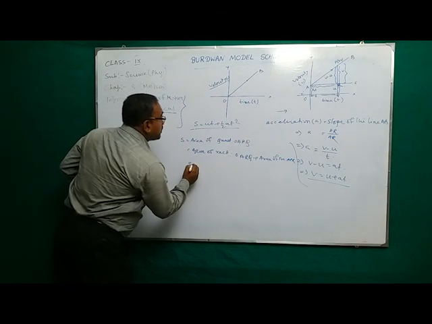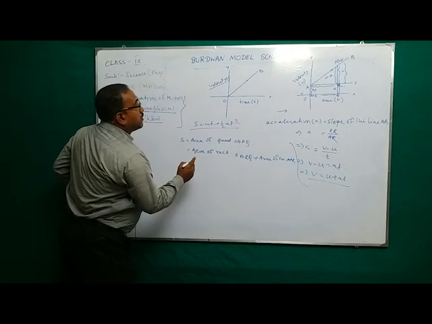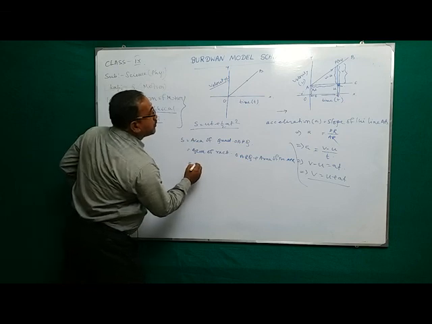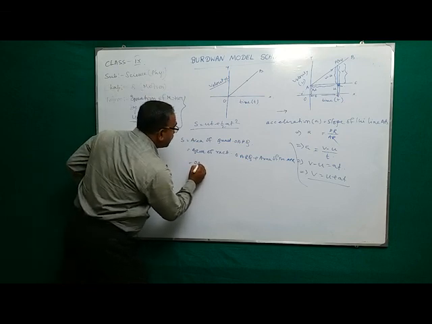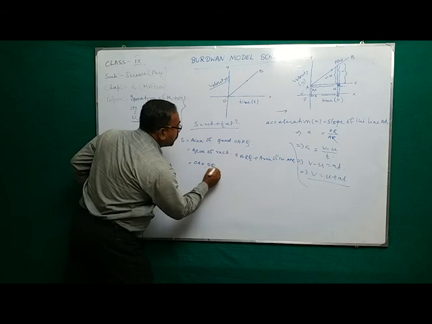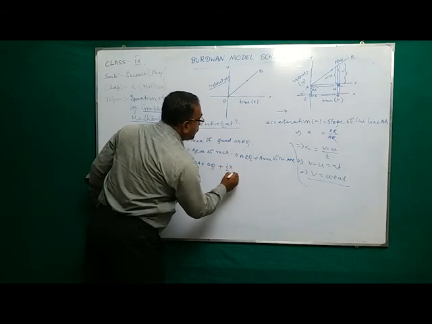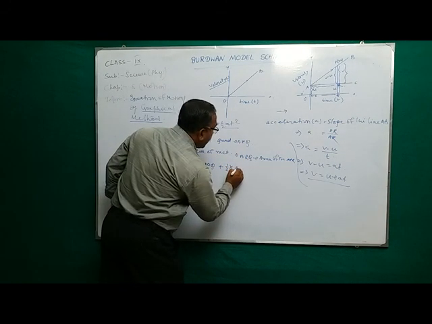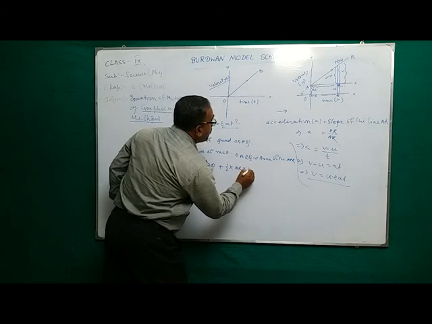Area of the rectangle means length into breadth, that means OA into OQ, plus half into base into height, AR into PR.